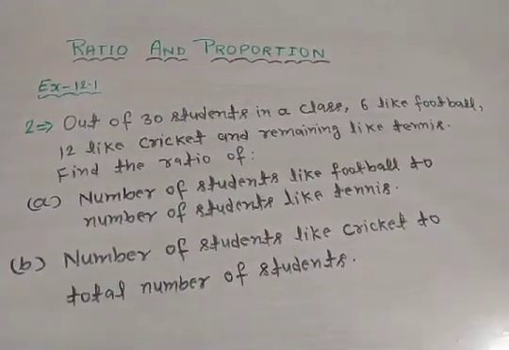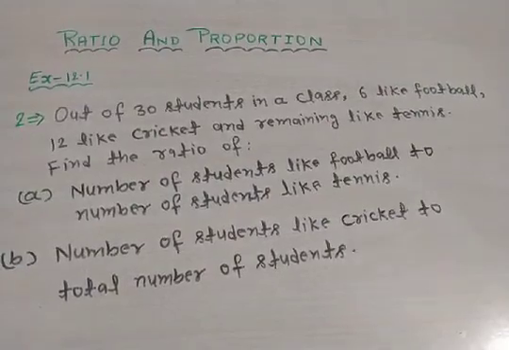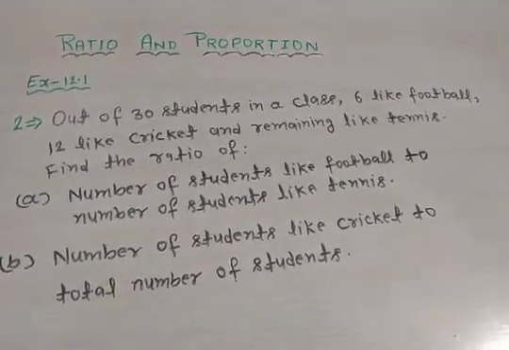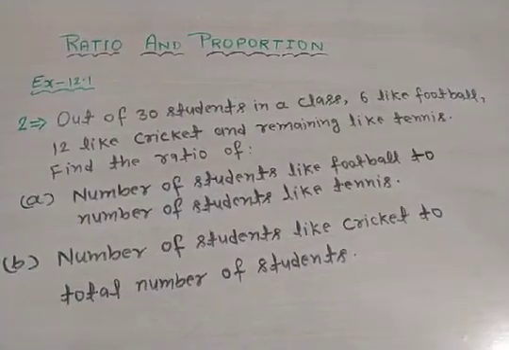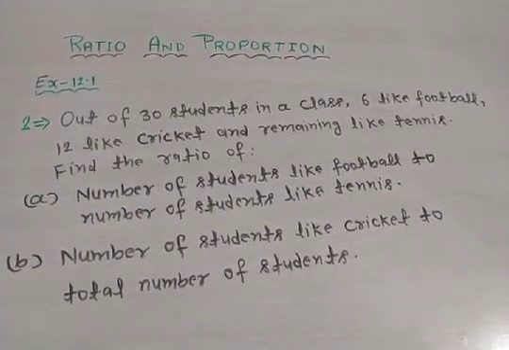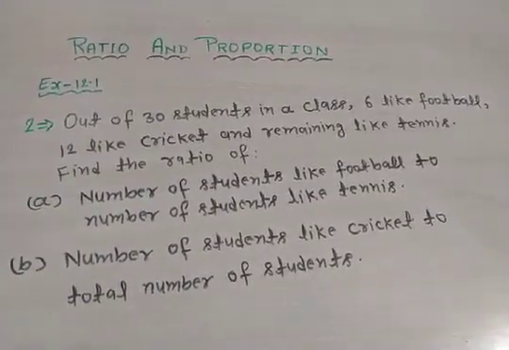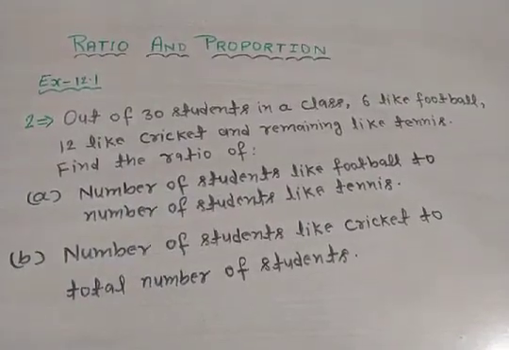Clear? And B part, number of students who like cricket to total number of students. So total number of students is 30, this is given, and number of students who like cricket is 12. So 12 by 30.